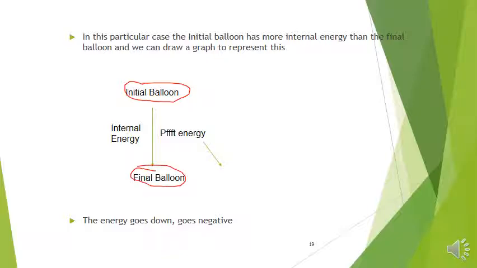And that energy is given off as psst, and whatever the energy given off is the difference between the energy inside these two, so the internal energy. So we can say that since energy's been given off, the energy change is negative, and we don't have to worry about that for this class.